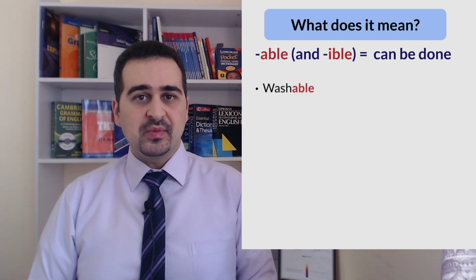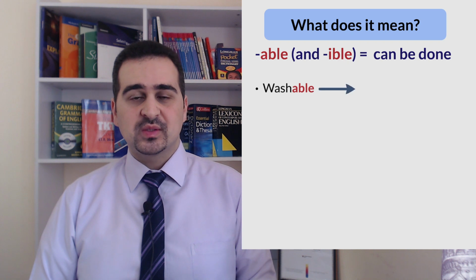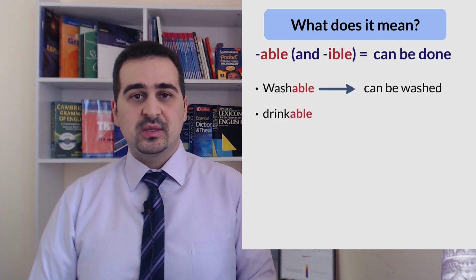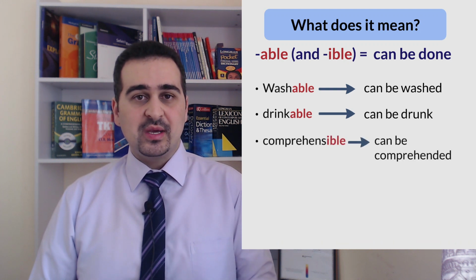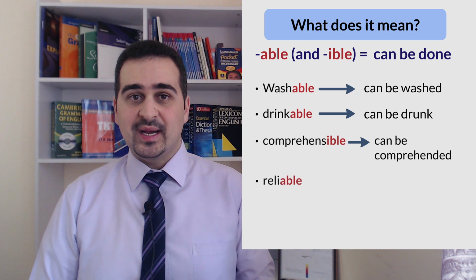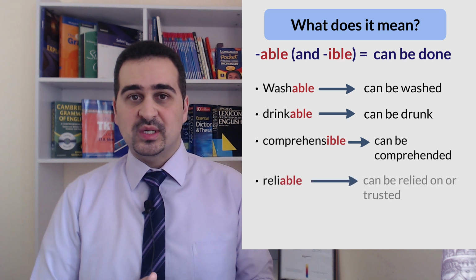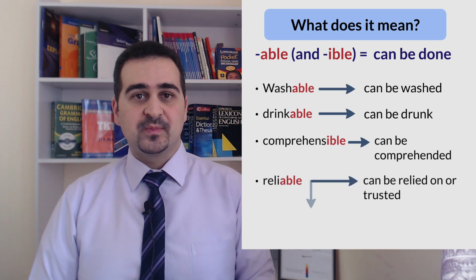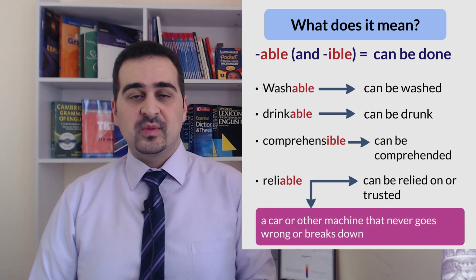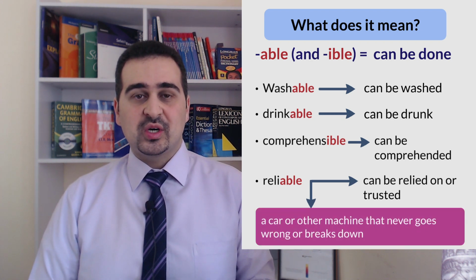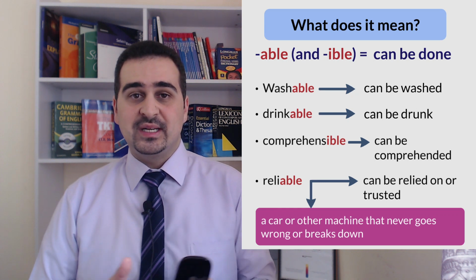So if we describe something as washable, it can be washed. Drinkable, it can be drunk. Comprehensible, can be comprehended. Reliable, it can be trusted and relied on. Like when we describe a car or a machine, if we say this car is reliable, it never goes wrong or breaks down.